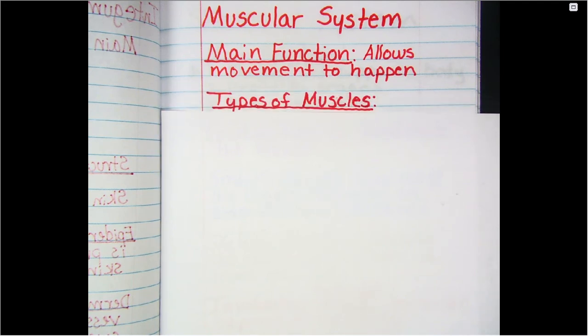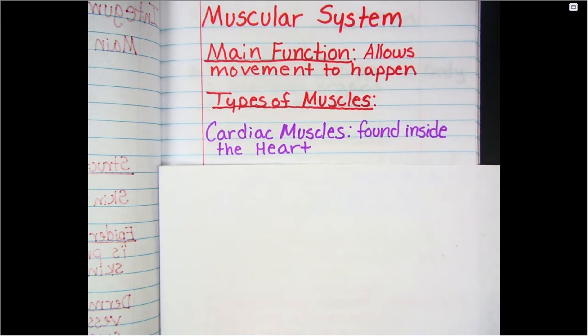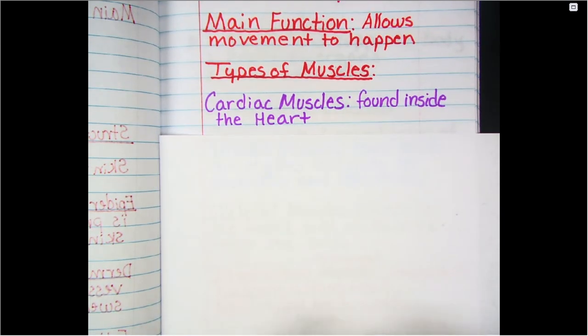Now there are many different types of muscles found all over your body, but we're going to break it down into three different categories. First one is cardiac muscle, which is found inside of the heart. This muscle has the heaviest workload, because your heart is going 24/7, every second of the day.